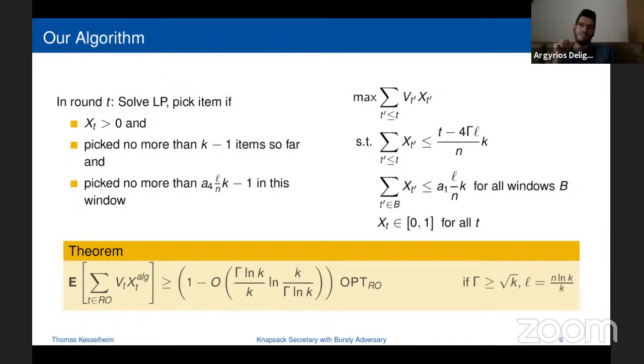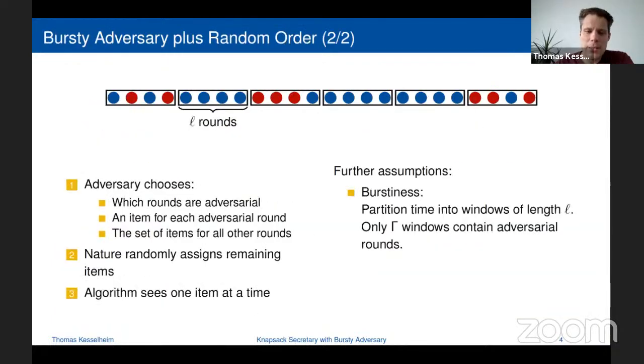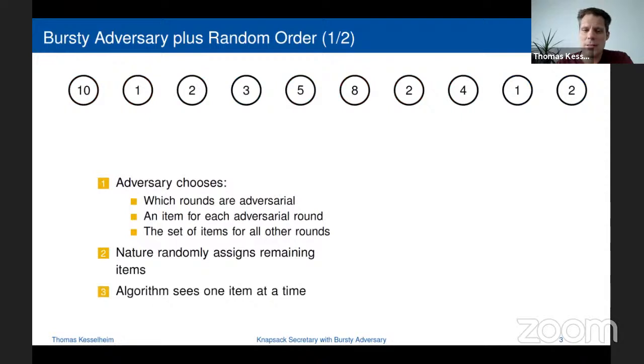So I think I missed something in the model. Does the algorithm know which steps are adversarial and which are not? It does not, because otherwise this would be a trivial task. It just sees a sequence, and some of this is coming from the adversary directly, some of this is from these random order rounds, but the algorithm cannot distinguish between the two.